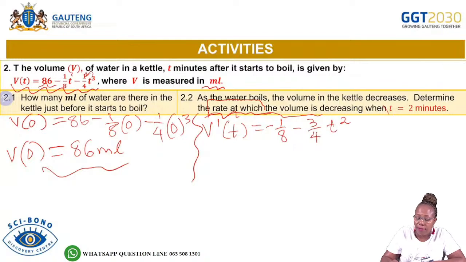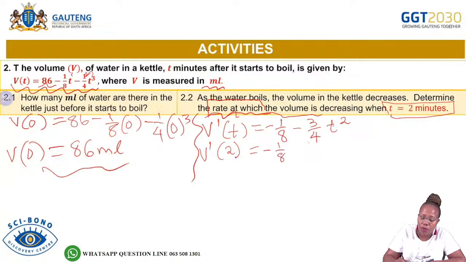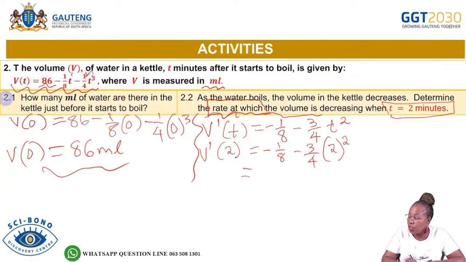And then now we are given that we are looking at the rate at which the volume decreases at t equal to 2 minutes. So we'll look at the volume at 2 minutes, and then this will be minus 1 over 8 minus 3 over 4 into 2 squared. And then straight into your calculators, grade 12. And then since this is a decreasing rate of the volume, the answer will be negative due to the fact that it is decreasing.